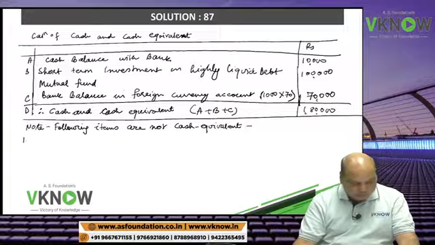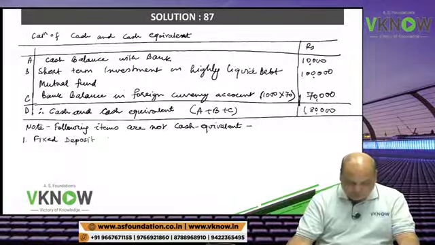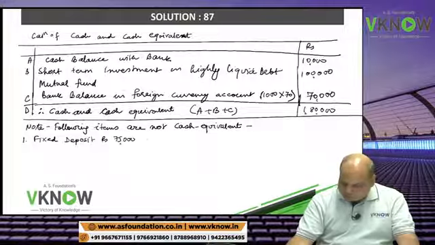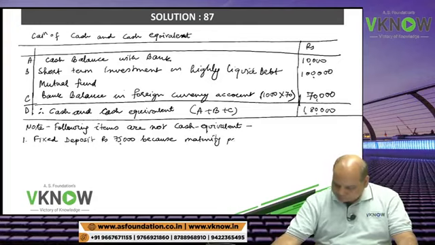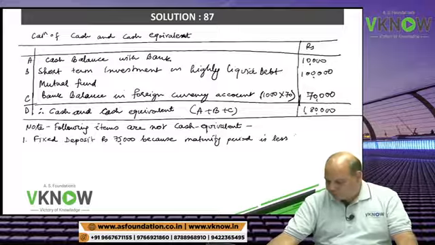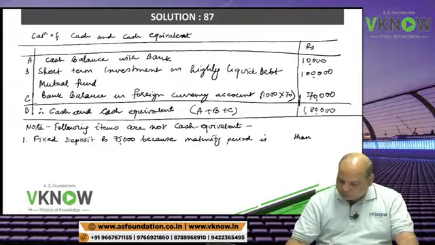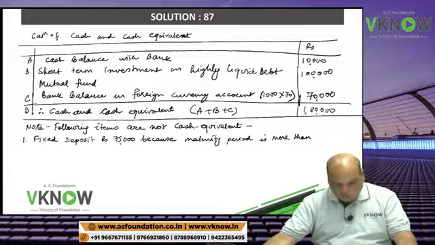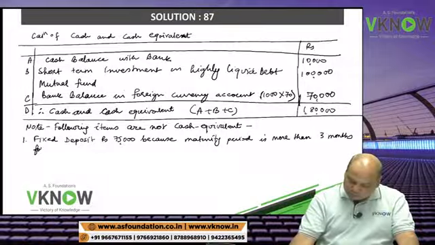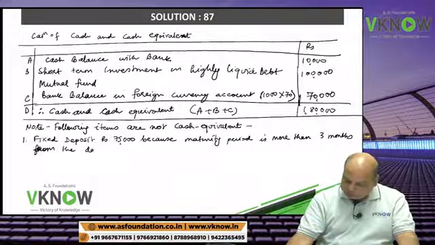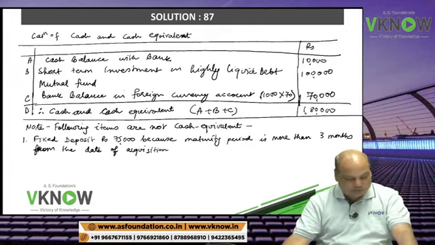Under that, write down one: Fixed deposit rupees 75,000, because the maturity period is more than 3 months from the date of acquisition.